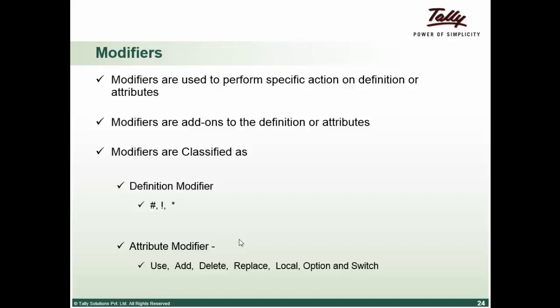We also call this asterisk mark a reinitializer. Hash we have already seen. Attribute modifiers are use, add, we have already seen add, delete, replace, option, switch and local.